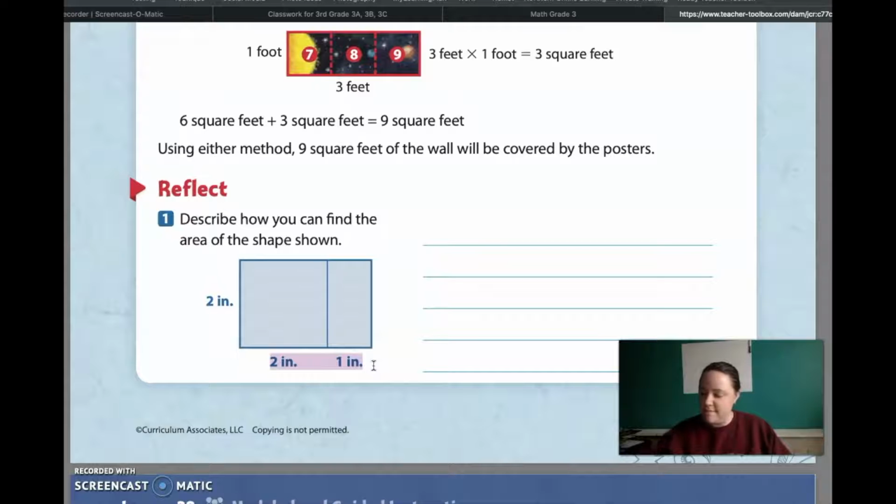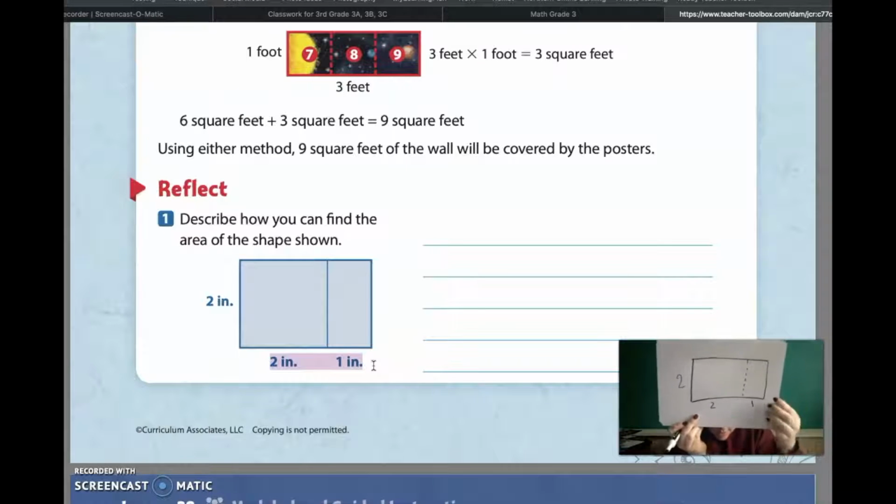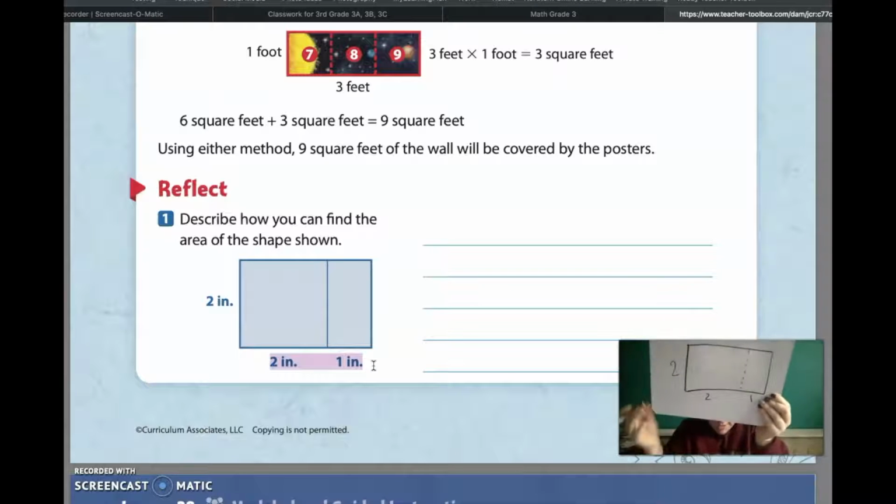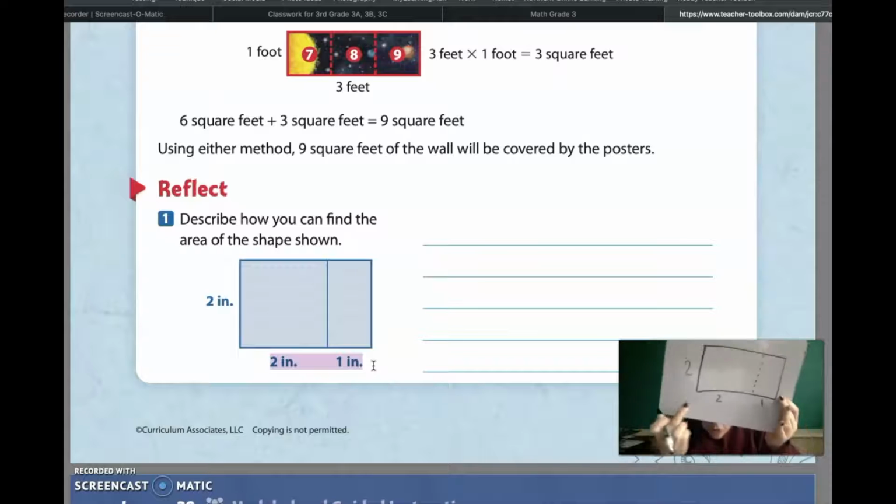So now let's make that rectangle so I can show you on my whiteboard. And I'm going to draw a dotted line instead of a solid line to show you what I mean. Okay, so I have my 2, and I have my 2, and I have my 1. Now we need to find the total length of this whole line.